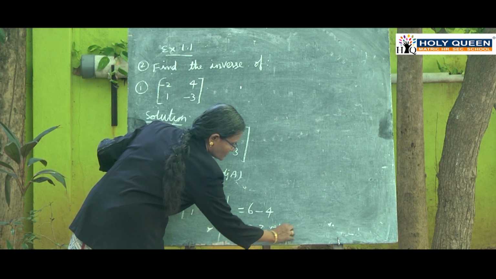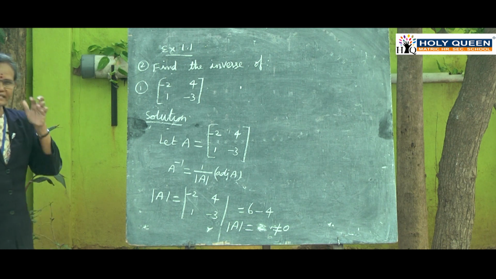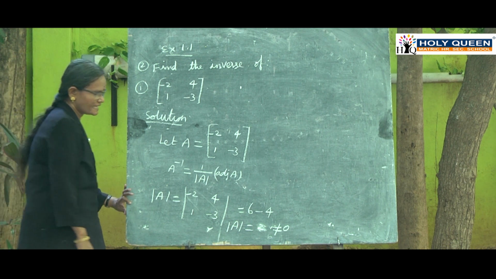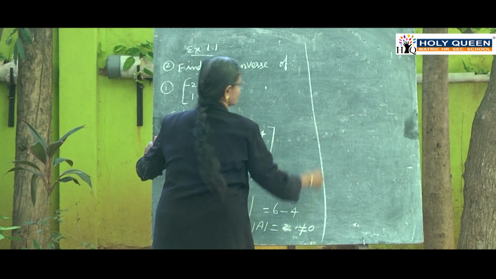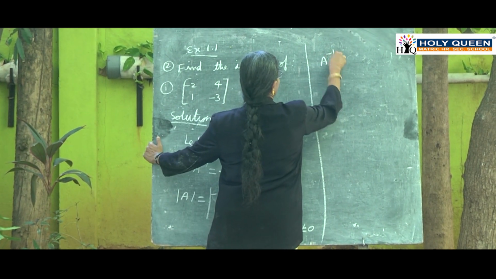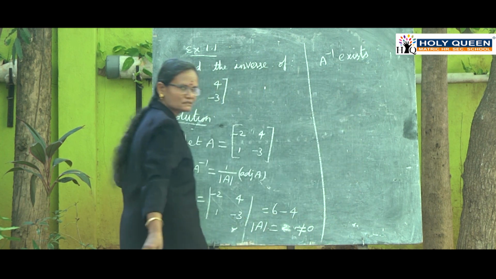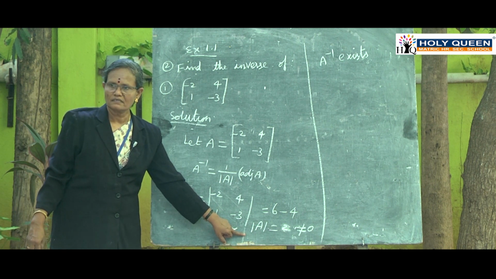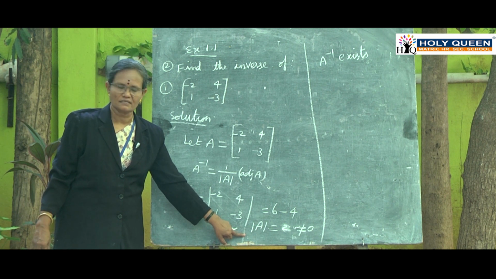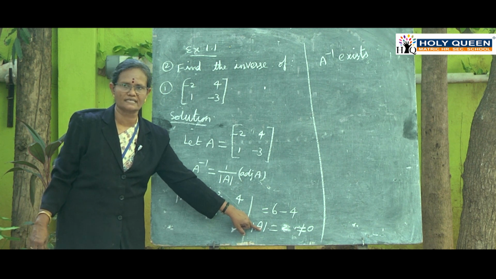Anyway, it is not equal to 0. Therefore, A inverse exists. Why? If the determinant value is equal to 0, it means A inverse does not exist.